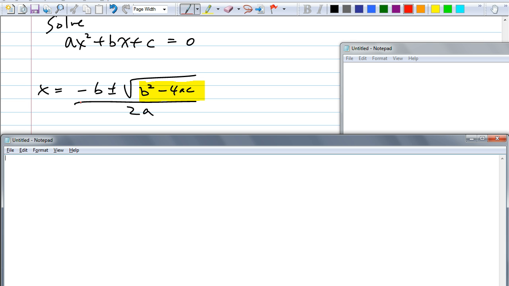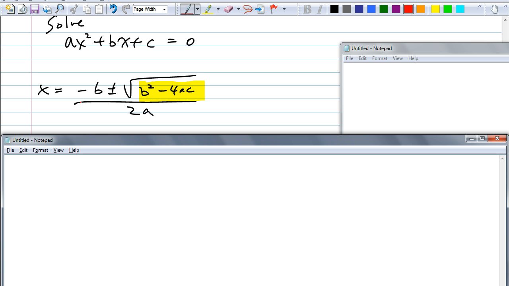So guess what then determines how many solutions you get? B squared minus 4ac tells you how many solutions you're going to get. In other words, how many what? When we talk about these solutions, these are your x-intercepts. So if b squared minus 4ac is what? When do you get two solutions?